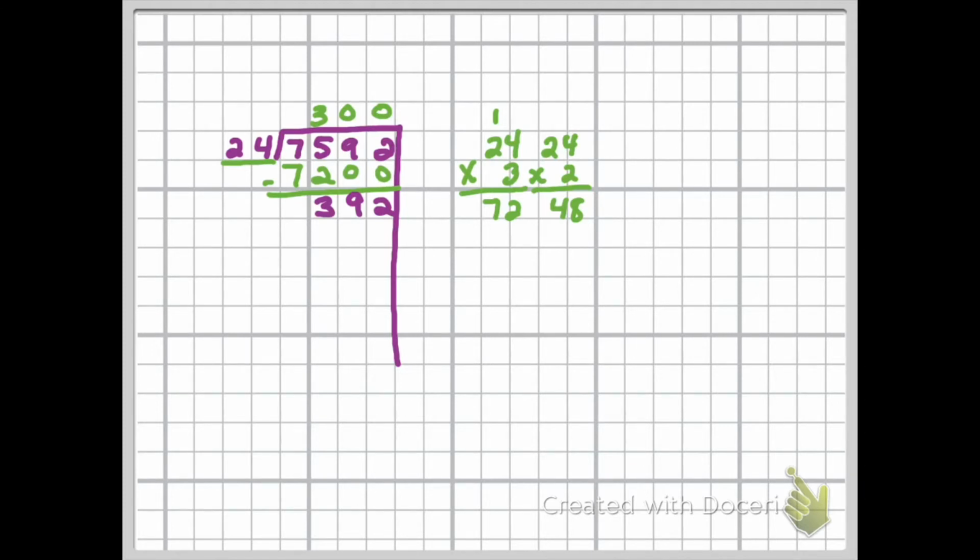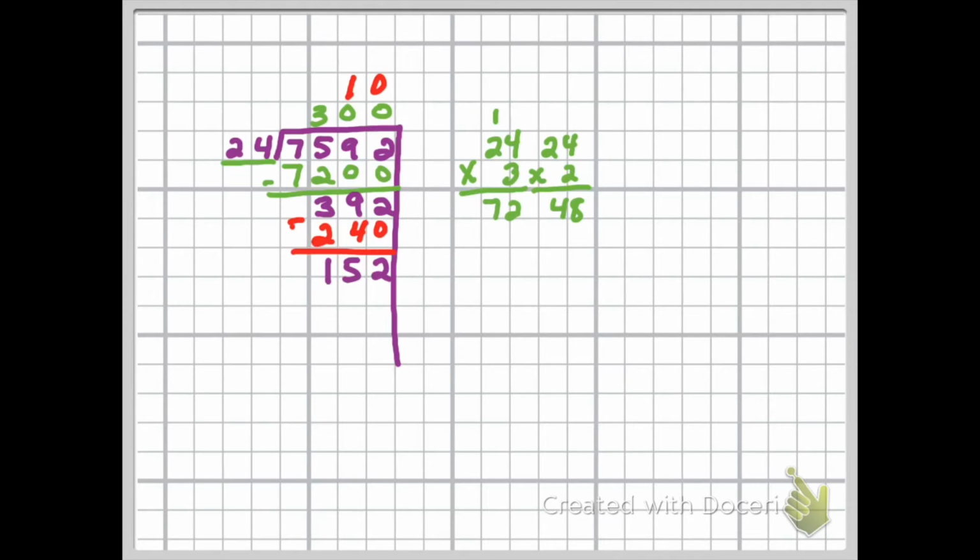So in this case, I want to just multiply 24 times 10. To subtract 240. This gives me an answer of 152 that remains.